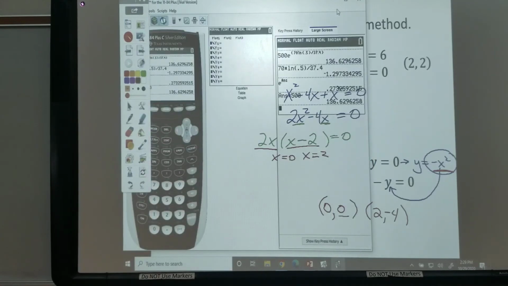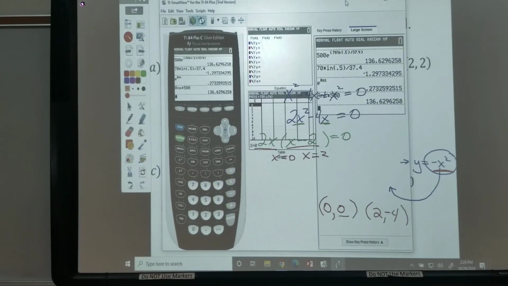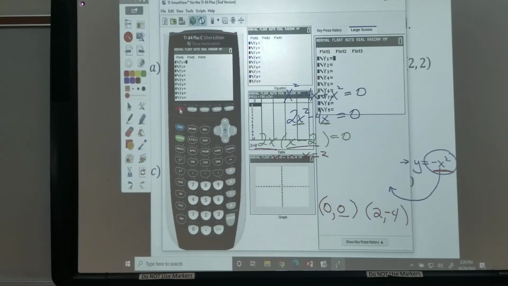So if I'm looking at a graphing calculator, or you could do this by hand with XY charts, I could go to y equals on my graphing calculator, so hopefully you can see that.